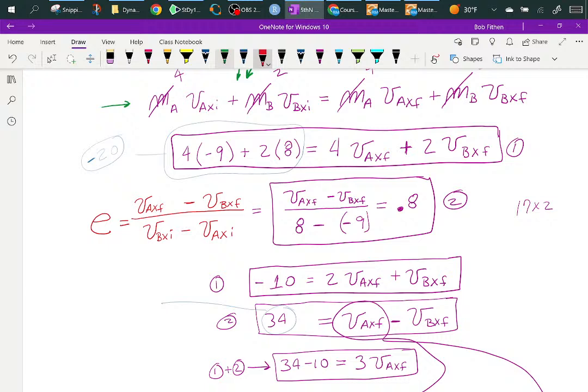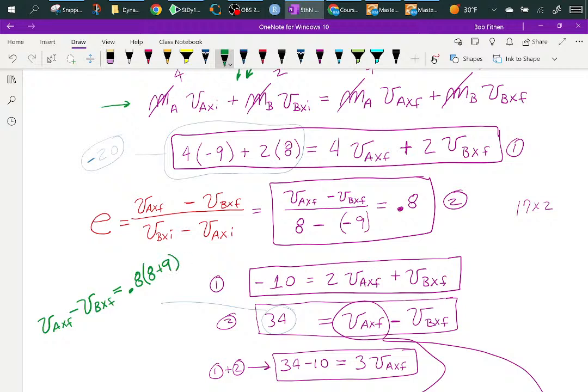Okay, so if I take this equation, it's VAXF minus VBXF equals 0.8 times 8 plus 9.